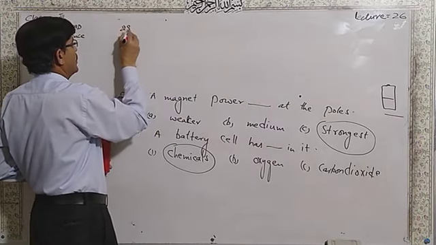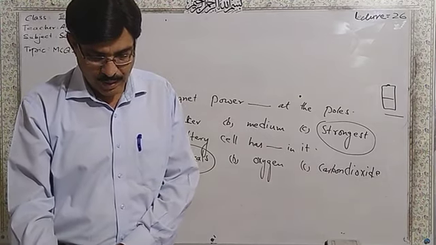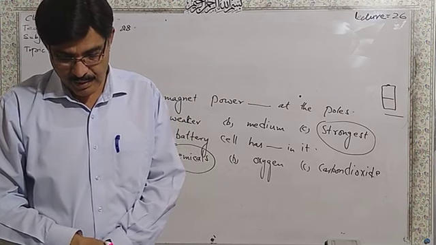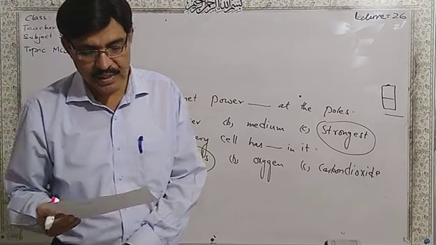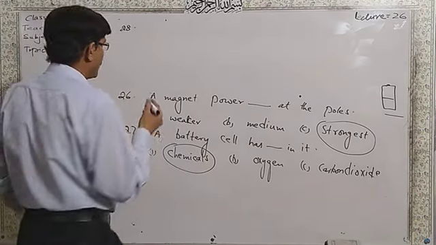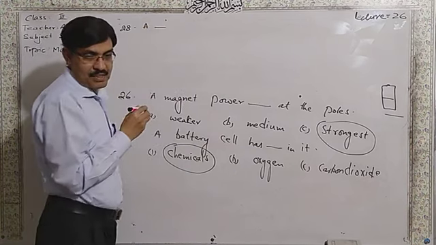Number 28. A circuit is needed for an electric current to flow. A dash circuit.